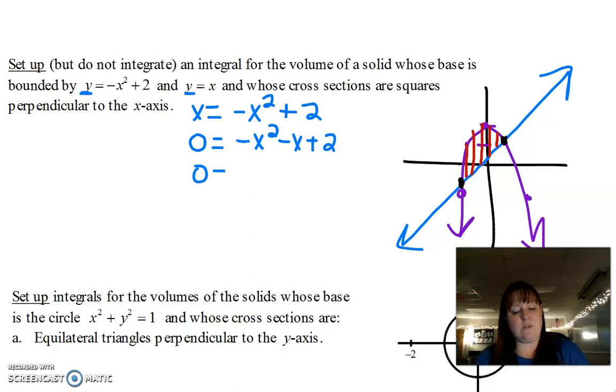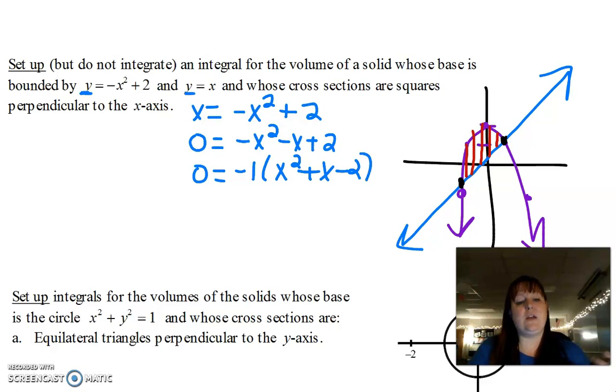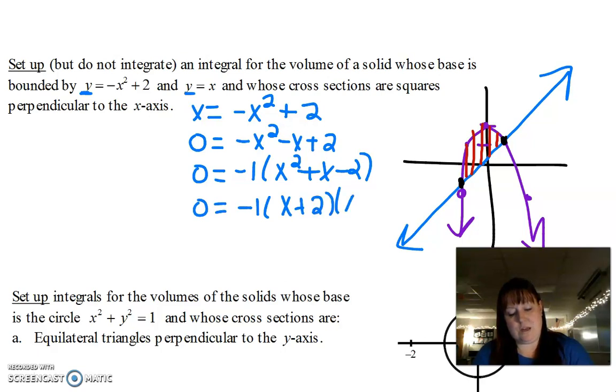And I'm going to factor out that negative 1 because I hate factoring when a is not 1. Because you have to do slide and divide, or there's all sorts of methods, rainbow, whatever. They're just complicated. So we factor the negative 1 out, and then we factor this. And we get negative 1 times x plus 2 times x minus 1.